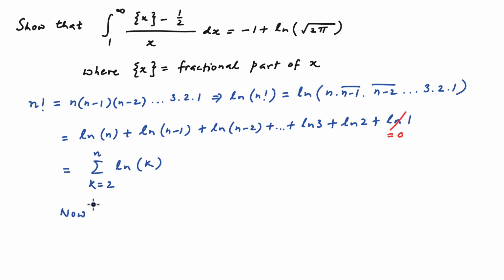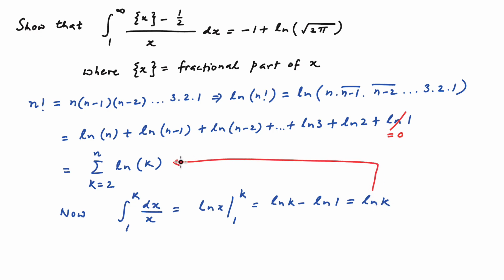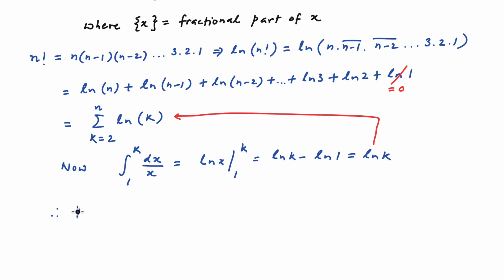Now note that the integral of 1 upon x dx between the limits 1 and k is equal to ln x, the limits of integration being 1 to k, and this is equal to ln k minus ln 1, which is equal to ln k. Using this result in the previous line, we can say that ln of n factorial is equal to summation k going from 2 to n integral 1 to k 1 upon x dx.